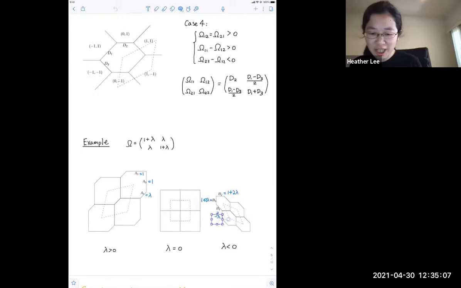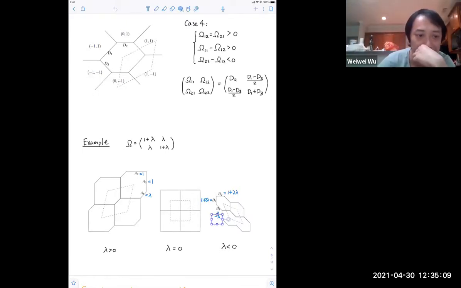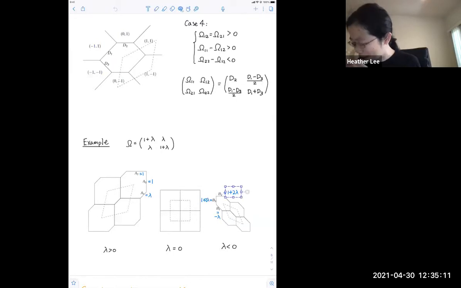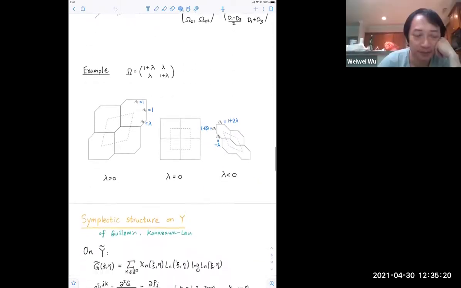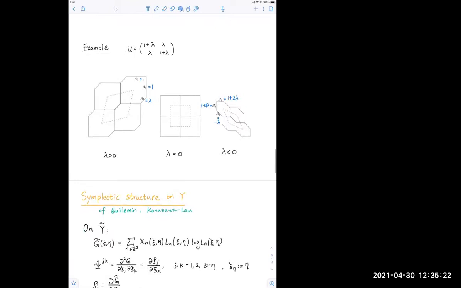Oh, okay. And then this 1 plus 2 lambda is less than 1, so this one looks smaller. Okay, yeah, thanks for the question.